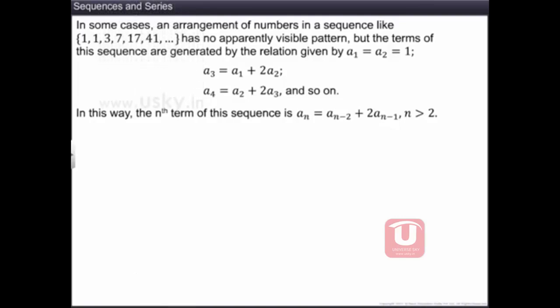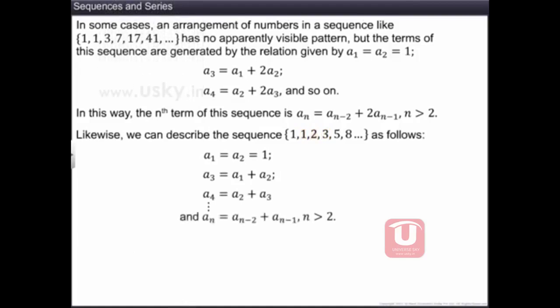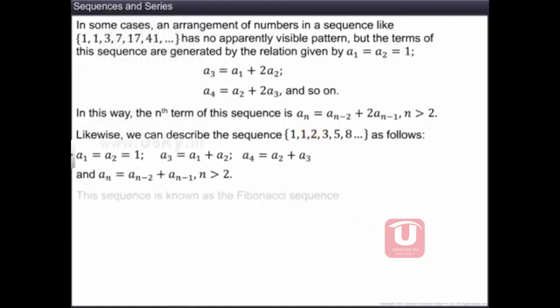Likewise, we can describe the sequence 1, 1, 2, 3, 5, 8, and so on as shown. This sequence is known as the Fibonacci sequence.